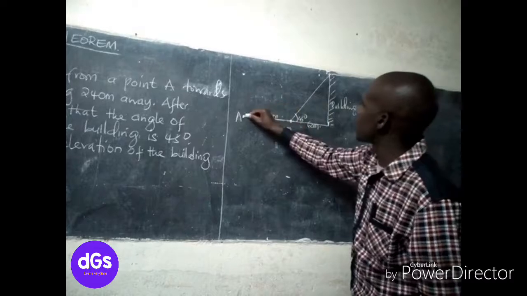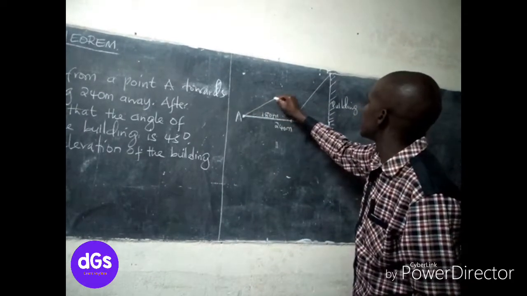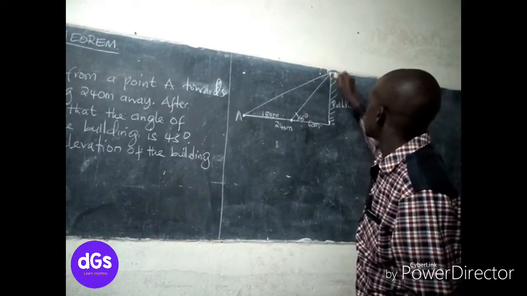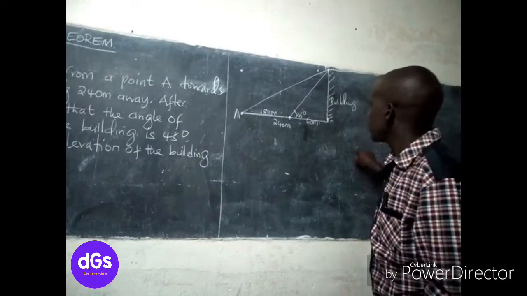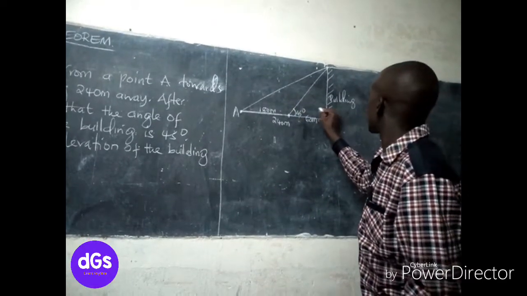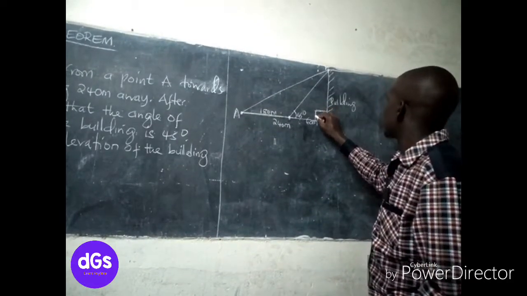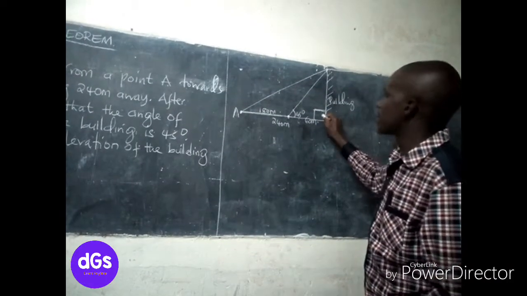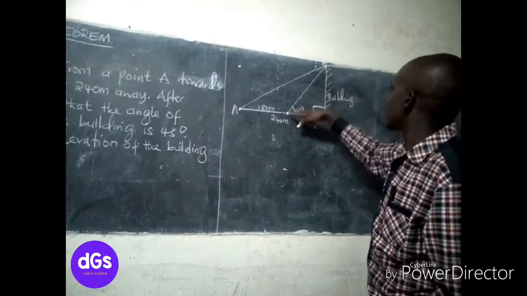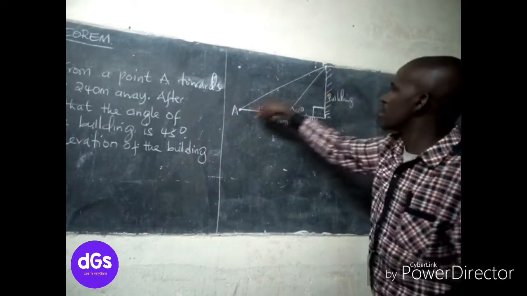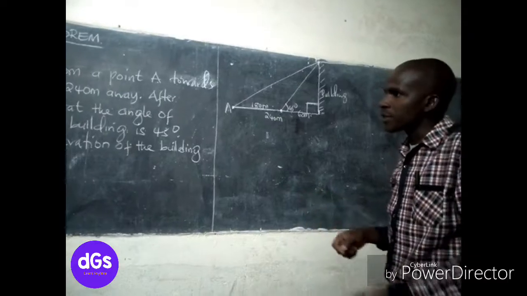And so we can connect this point all the way to the top. Because this angle is 90 degrees, we have a right angled triangle. What else are we told?